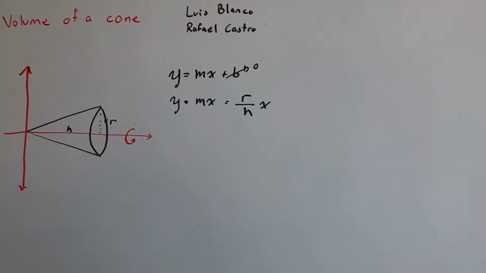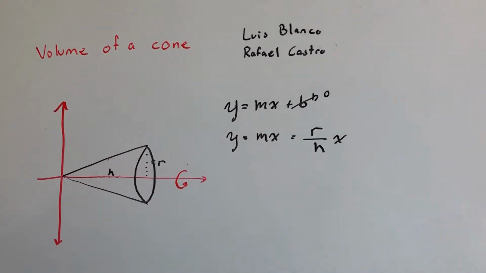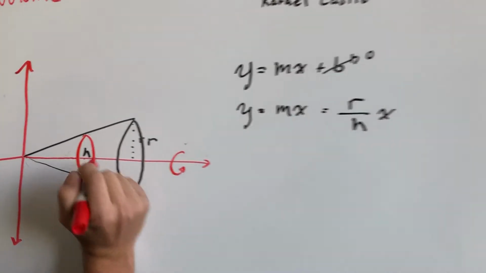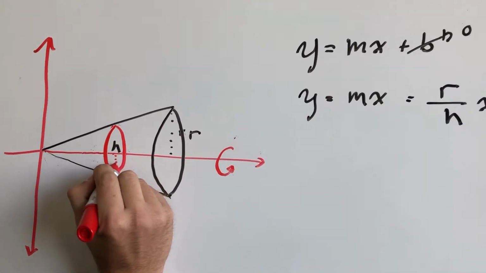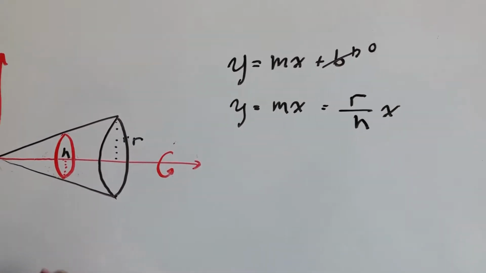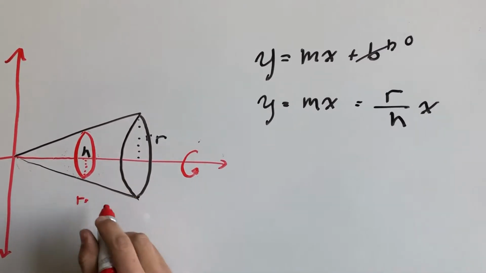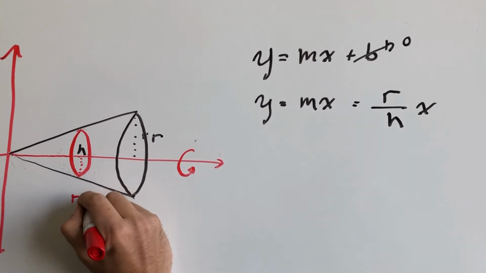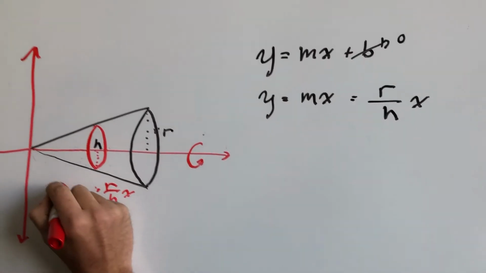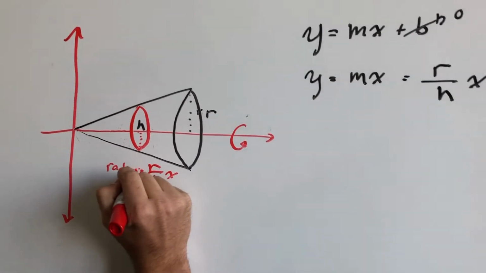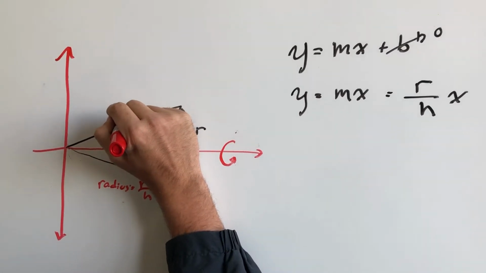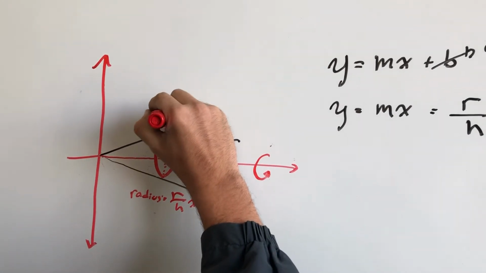Now, we have to draw a disk that goes through about half of the figure, like this. This disk has a radius given by the equation of the line. So the radius is equal to r over h times x. Then it has a width of dx.